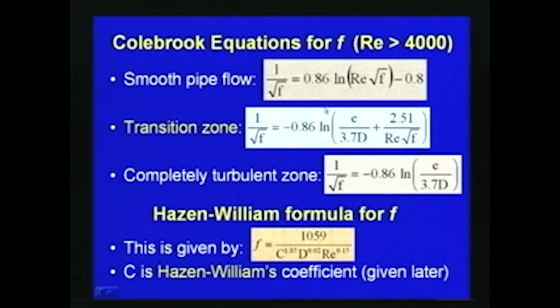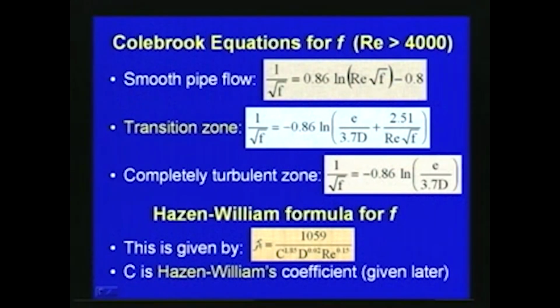As we have seen, what is given in the Moody diagram is very similar to what is given by the Colebrook equation, which is also one of the most accurate equations for the friction factor. Another kind of equation is the Hazen-Williams formula for the friction factor f.